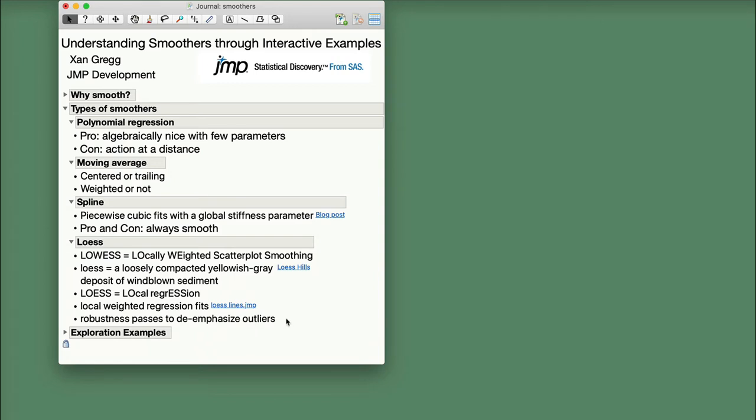Well, there is one more step, robustness passes, as described in the original specification.